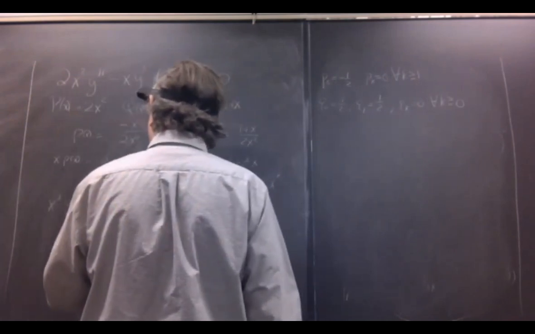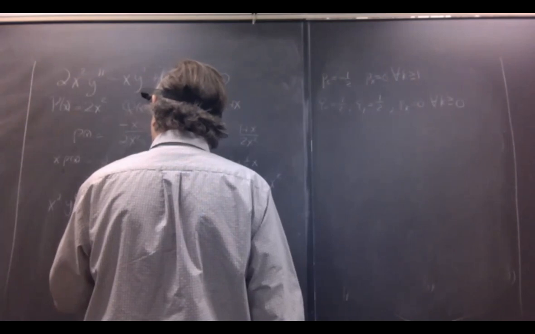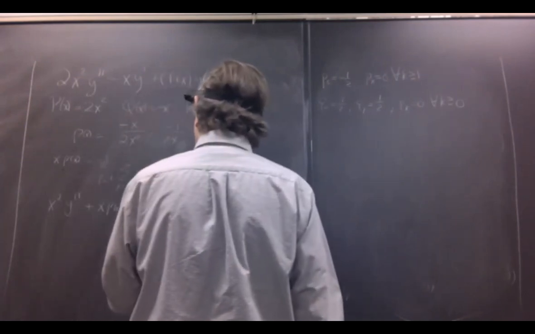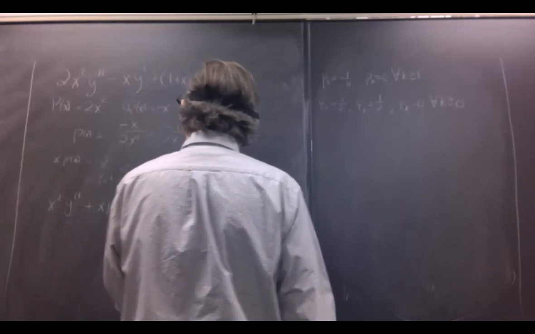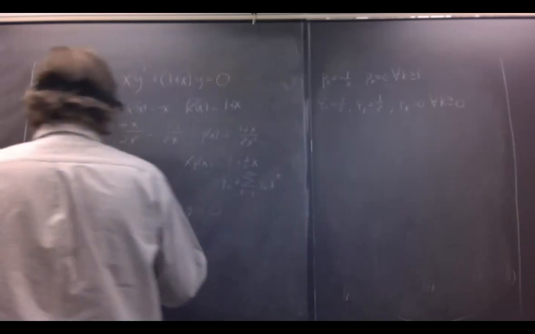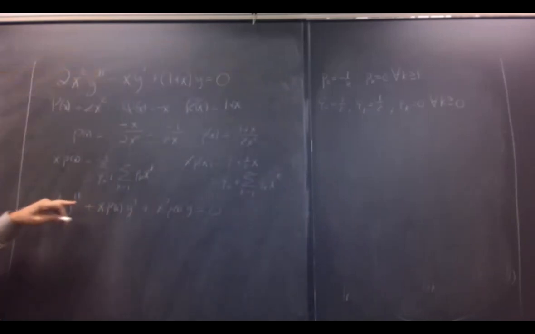And the book says we do this: xP(x), y prime, and x squared Q(x), y, except, so that's what we want to do, but in this particular case, what would that mean?